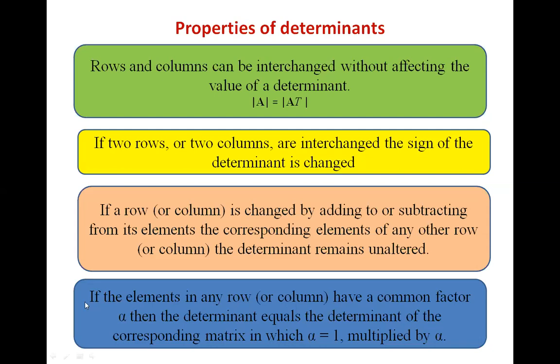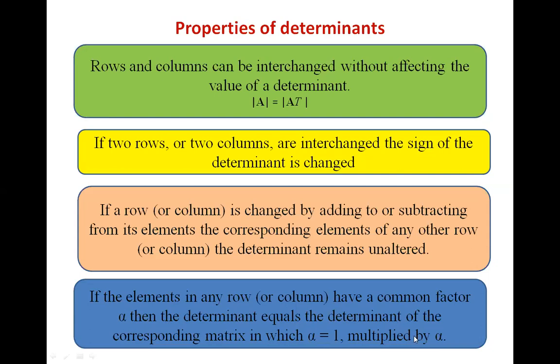Then the next property is that if the elements in any row or column have a common factor alpha, we can say a constant, then the determinant equals the determinant of the corresponding matrix in which alpha is taken out, multiplied by alpha. You can realize this.